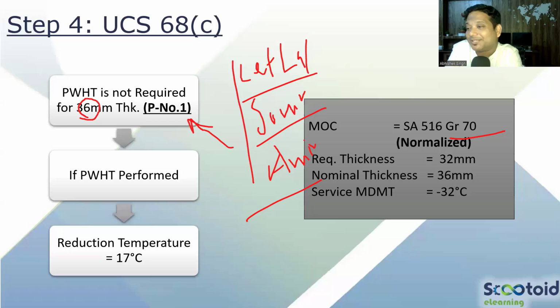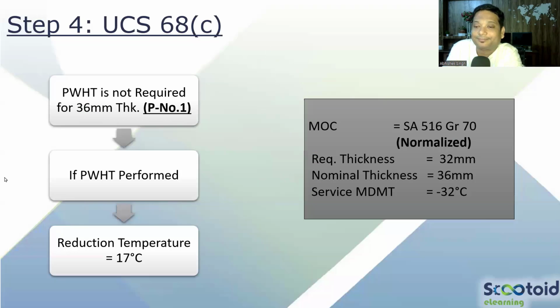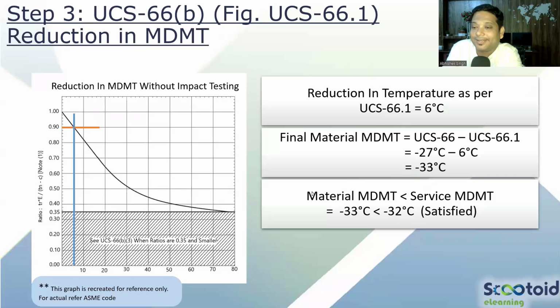Before you do the subtraction, give me the value from which you will be doing the subtraction. Whether you will be doing the subtraction from the UCS 66 value or 66.1. In 66, we had got minus 27. And when we applied 66.1, we got minus 31.